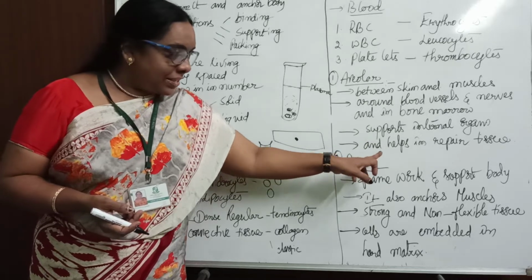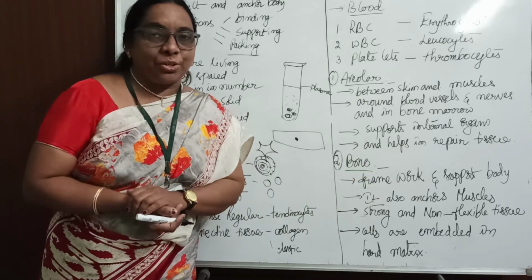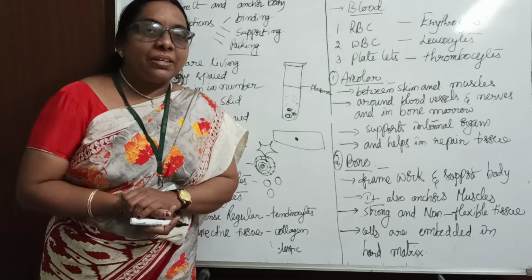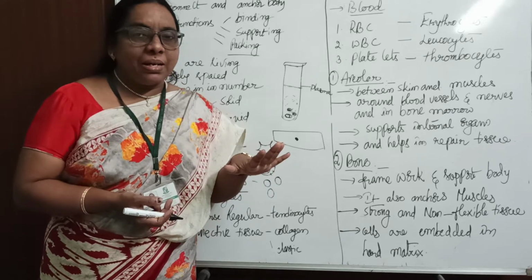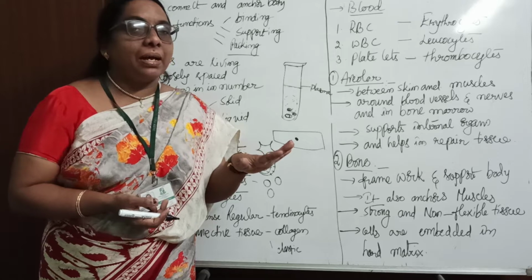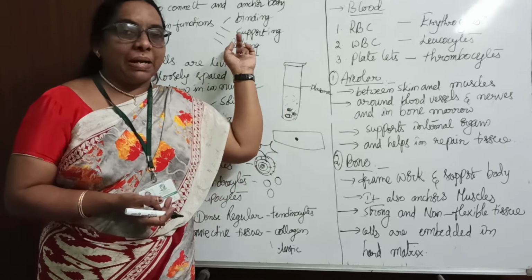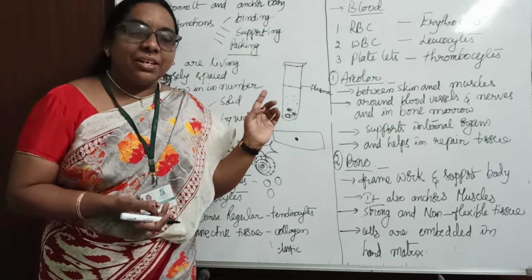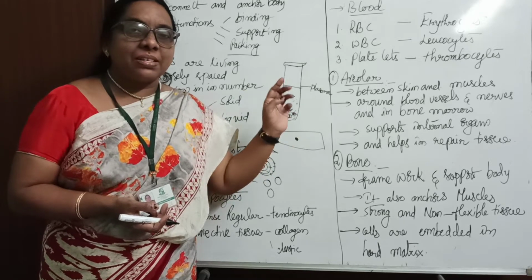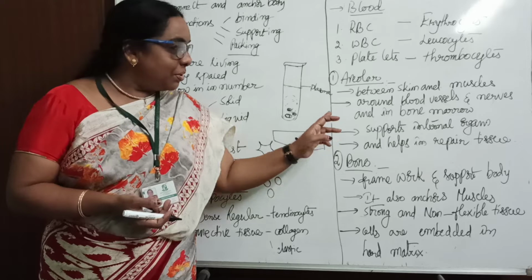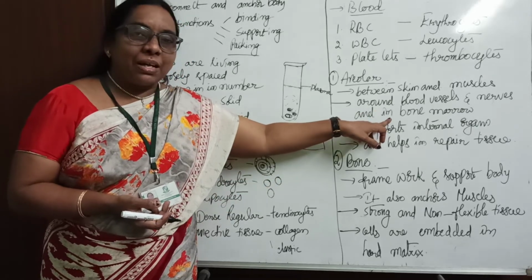I said that it helps repair the tissue. How does it help repair the tissue? By sealing up. Whenever there is damage, it accumulates and seals that particular gap, and that is why it is called a packing tissue. Is it clear, children? It is present between skin and muscle, around the blood vessels, nerves, and in the bone marrow region.